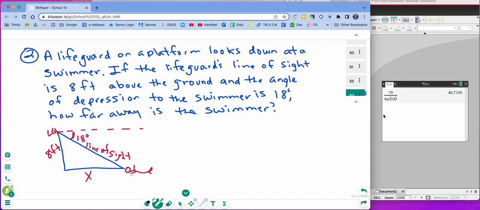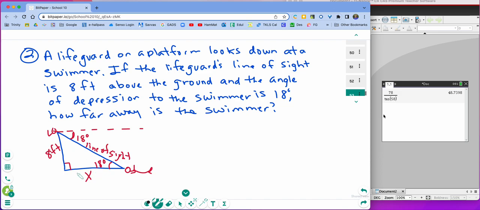So again, we're going to be taking a look at some trig functions for right triangles. If I'm trying to find the opposite over the adjacent, because remember, this angle is also 18 degrees inside the triangle, alternate interior angles, so I can use this to find my missing dimension.